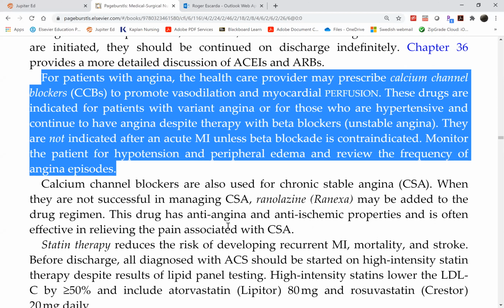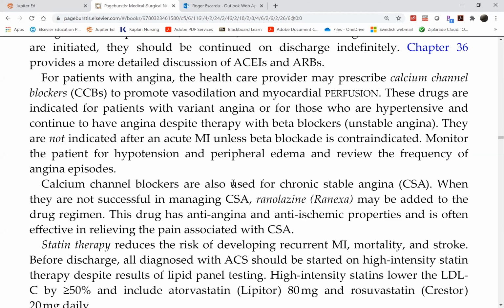These drugs are indicated for patients with variant angina or for those who have hypertension and continue to have angina despite therapy with beta blockers, unstable angina. They are not indicated after an acute MI unless beta blockade is contraindicated. Monitor the patient for hypotension and peripheral edema and review the frequency of angina episodes.